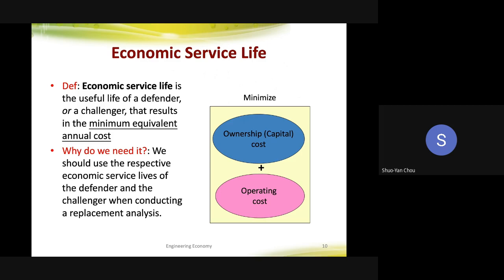So we sometimes need an overhaul of the machine, sometimes a major repair, and so on. So the operating costs annually will get higher and higher. So this cost is going lower and lower, and operating cost is getting higher and higher. If we look at them annually, there should be a break-even point.